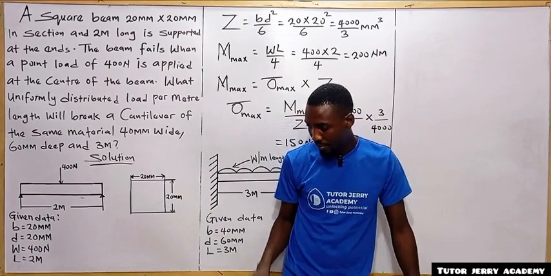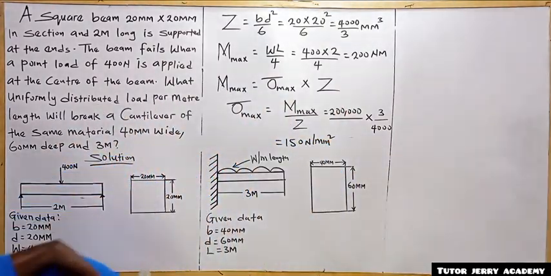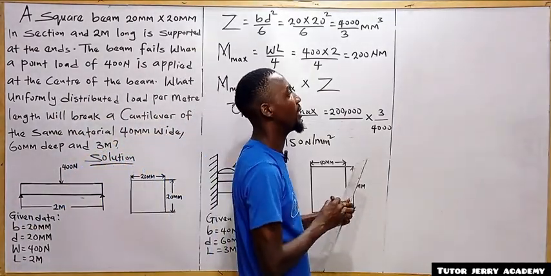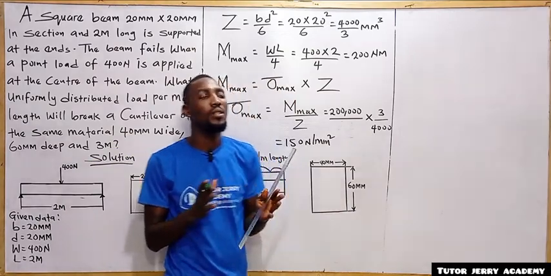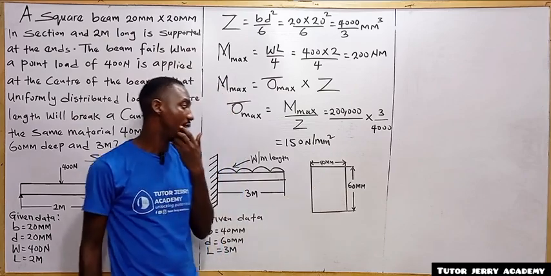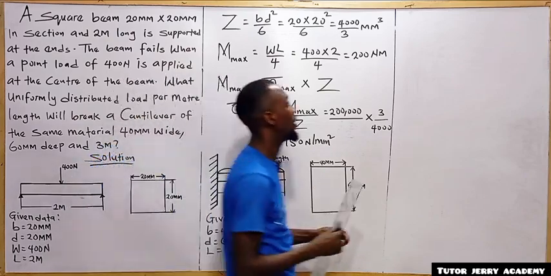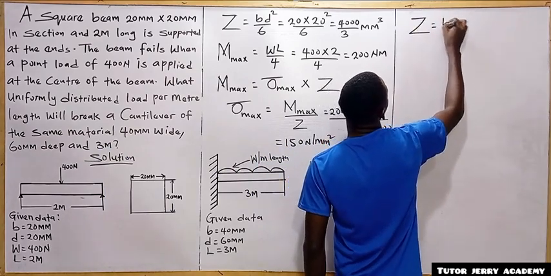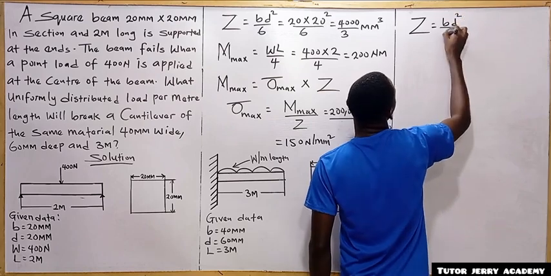All right, so now we can proceed. So again, we are going to be looking for the sectional modulus of this section. So we are going to start with Z, which is bd square divided by 6.